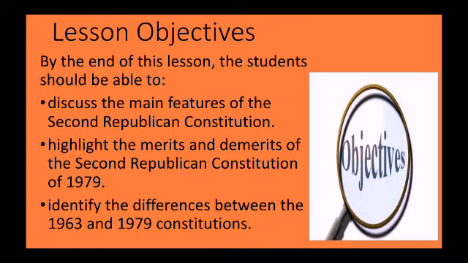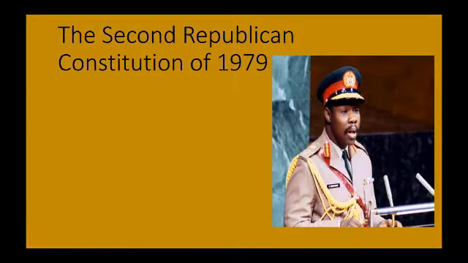Let's look at what the 1979 Constitution is all about. How did it start? The 1979 Presidential Constitution. Either you call it Presidential Constitution or Republican Constitution. Of course, you could see the picture of Lieutenant General Olusegun Obasanjo.